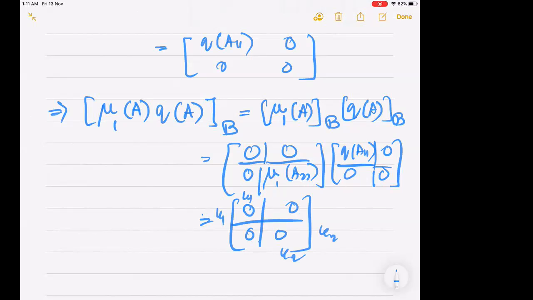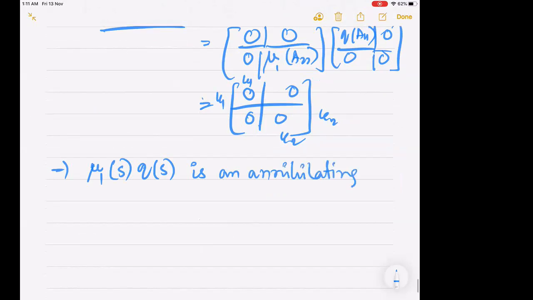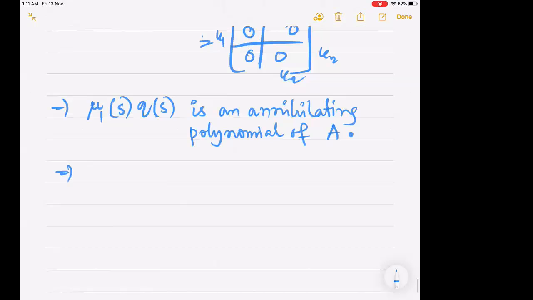So what does this mean? This is the zero matrix, which means this must be the zero operator. So therefore, mu1 Q is an annihilating polynomial of the operator A, which then means that mu1 Q must belong to the ideal generated by mu, right?